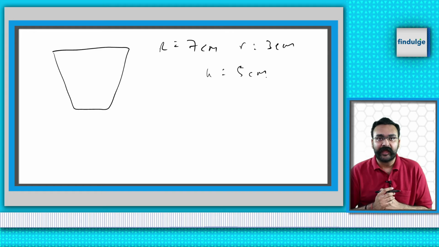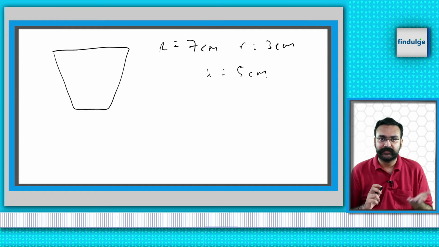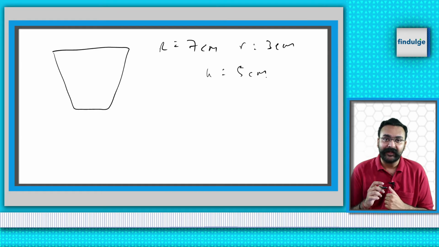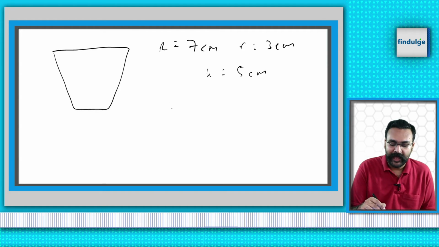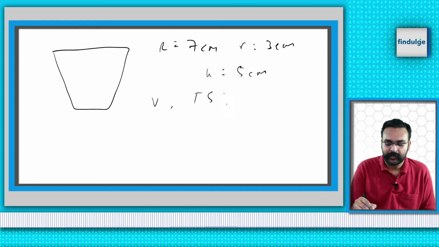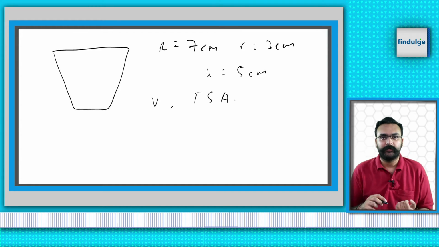We have been asked to find the volume of water that the bucket can hold and the total surface area of metal required to make the bucket. So volume and total surface area. So let's jump into it.